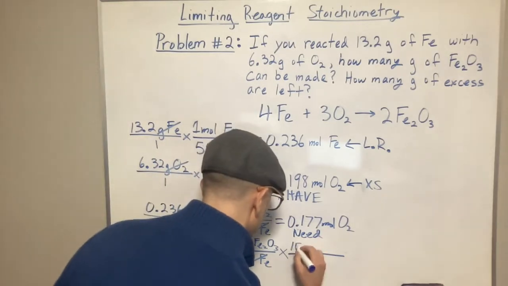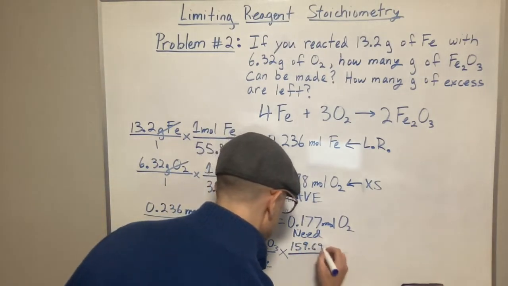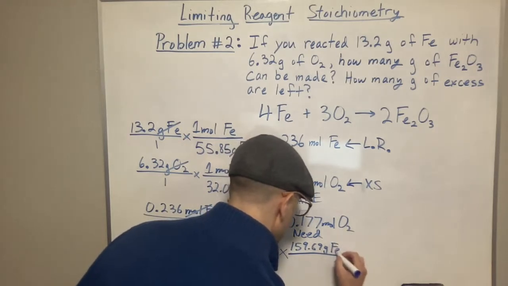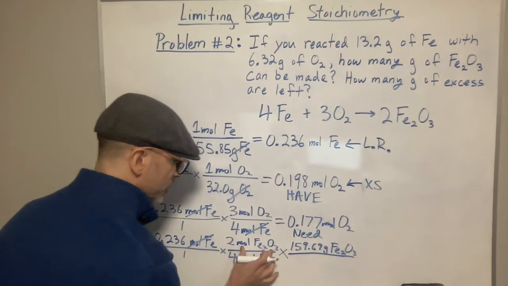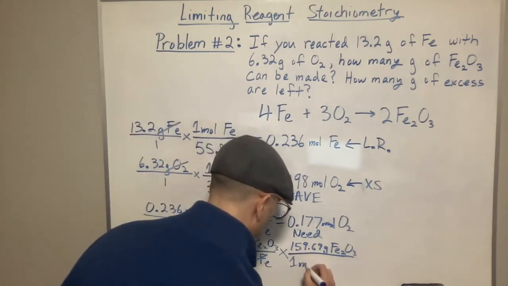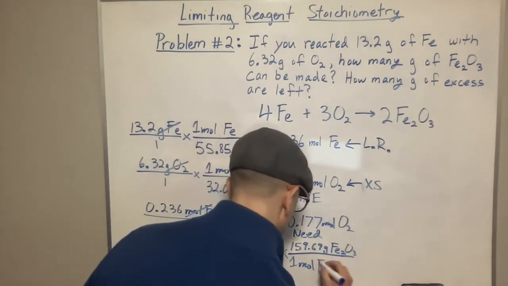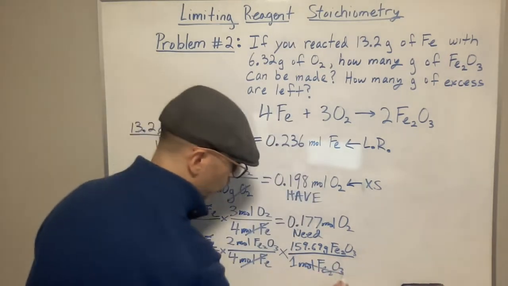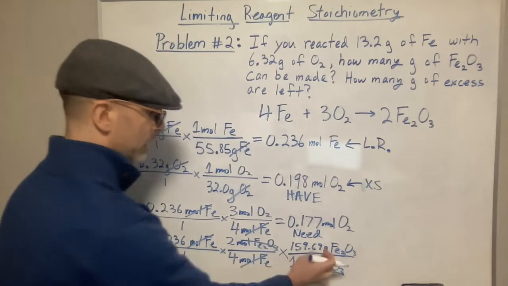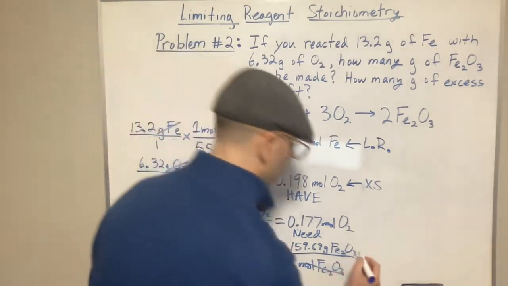So 159.69 grams of Fe2O3 goes on top. And since I have moles here, 1 mole of Fe2O3 goes on the bottom. So moles cancels out, and I'm left with grams of Fe2O3.